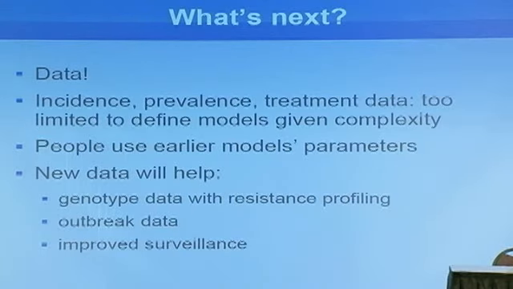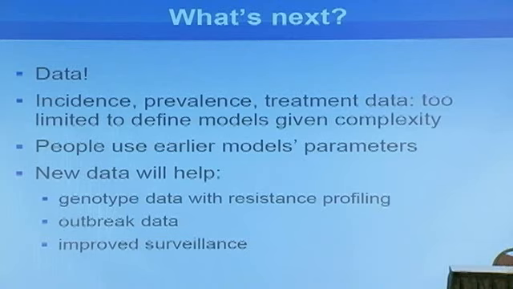Okay, so I'll talk about what I think should be next in TB modeling. And you've noticed I haven't really talked about any data. So I think what's next, it would be great to have some data. That would be really good. I don't want to be completely facetious, because it's not that our models haven't been underpinned by any reality whatsoever, but the classic data, incidence numbers, prevalence numbers, are really too limited to define the models with the complexity that I described.